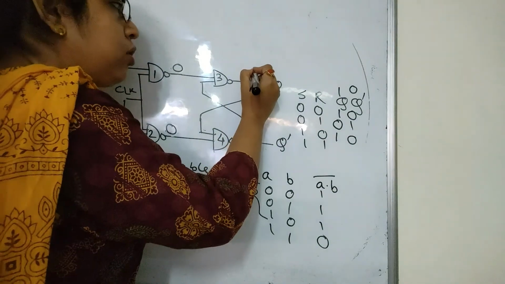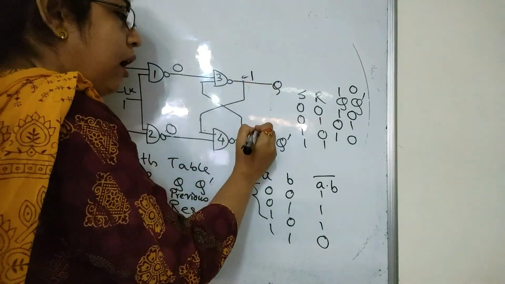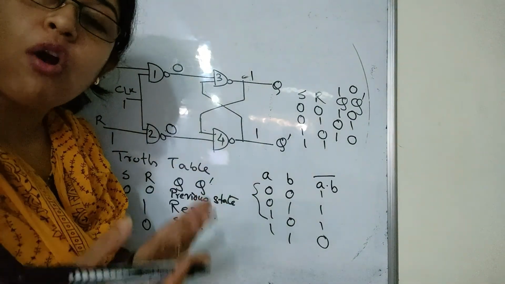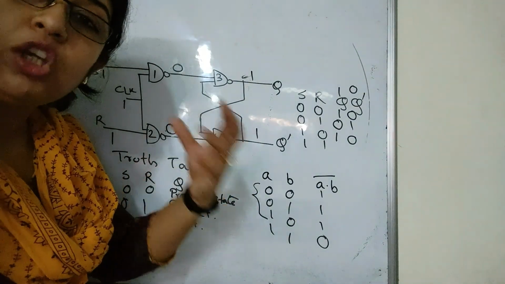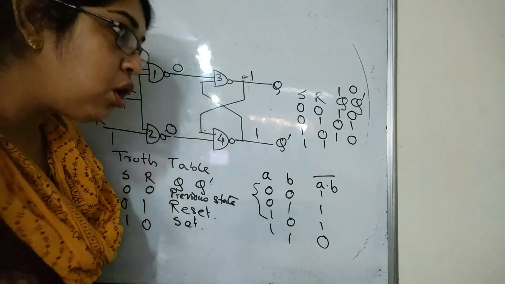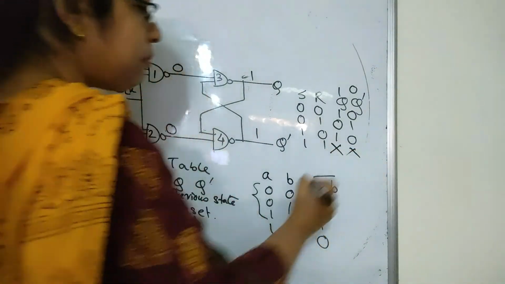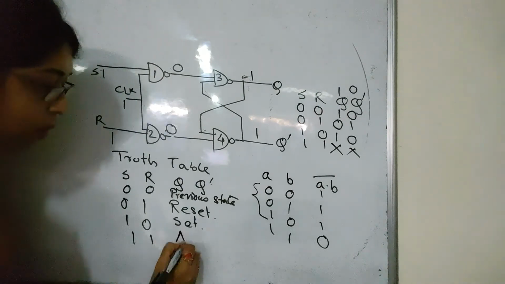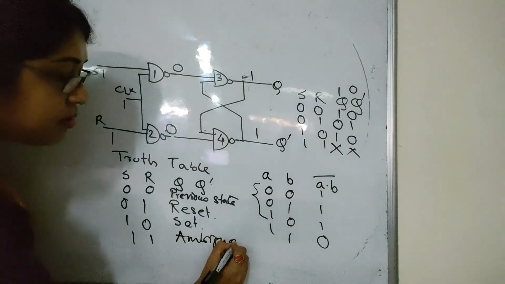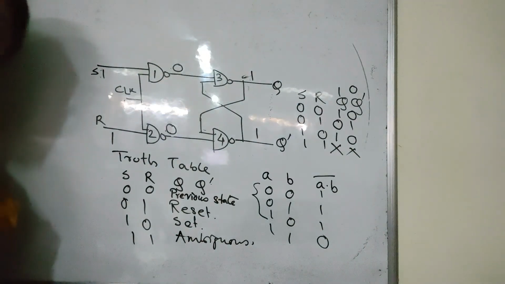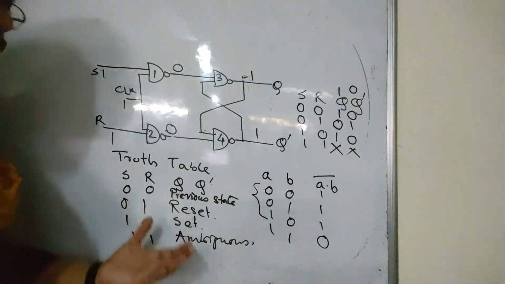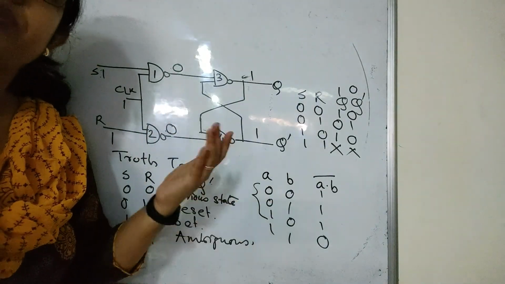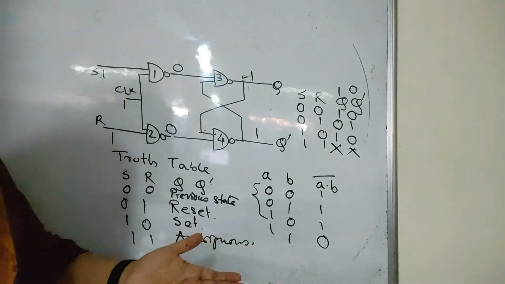As a result, both Q and Q dash should be high, which is contrary to the concept of Q dash being the complement of Q. So again, this is the ambiguous state. S1 R1 is the ambiguous state. Clear? So the truth table remains the same, though the diagrams are different, made up of two different types of gates.